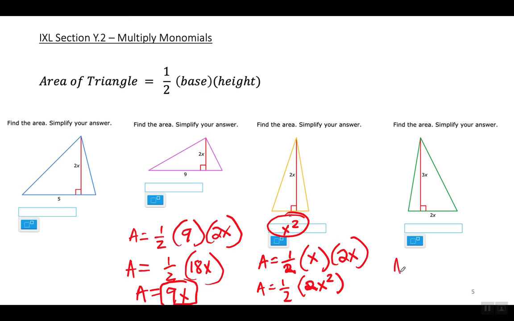And the last example with triangles, area equals half of 2x, the base. No, let me write it up here because when I start writing down here, my writing tool starts messing up. Area equals half of 2x times 3x. Hold on.